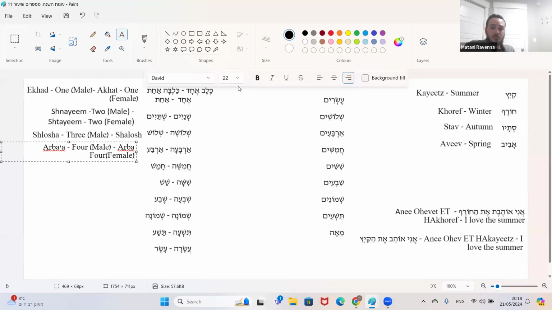If you are both a group of males and females, use either or. Grammatically speaking, you want to go by the noun. So let's say it's passports. A passport is a male noun. So let's say I want to say 4 passports. I will say arba'a darkonim.